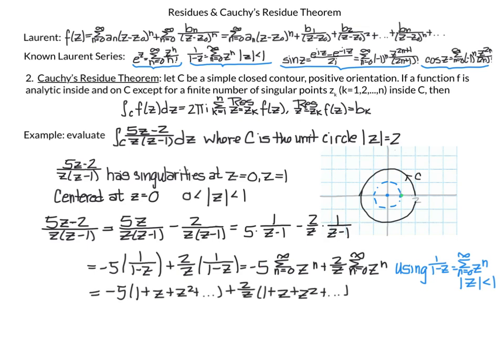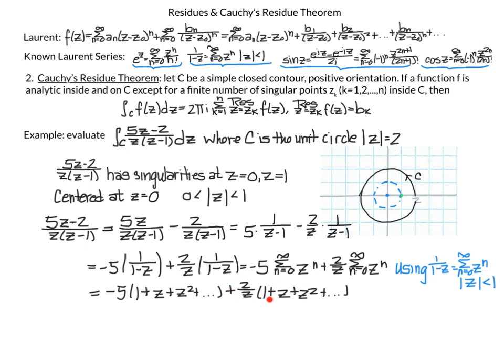Writing the first few terms because I'm looking for b1. So I have my negative 5, my z to the n is 1 + z + z squared, and then my 2 over z, 1 + z + z squared. Looking over here, 5 times all of these terms, I'm not going to get any negative exponents, so this is not going to help me with my b1. Here I have 2 over z times 1, that's definitely a z to the negative 1, or z minus z naught being 0, to the negative 1.